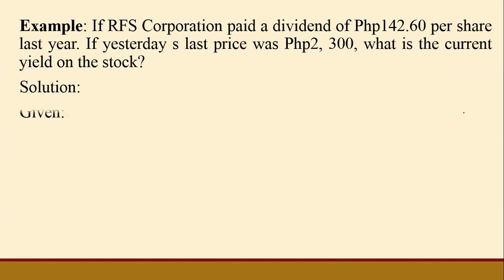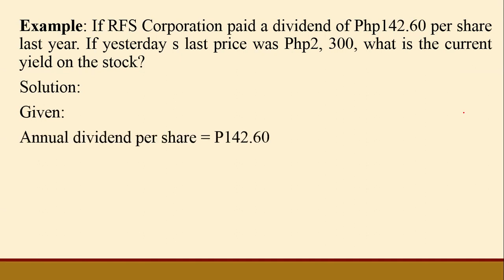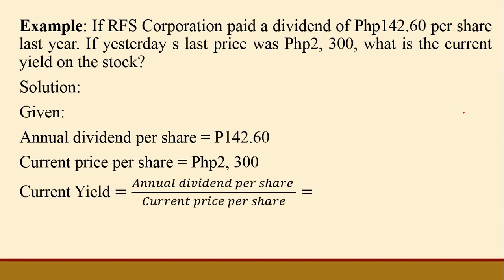For our solution, with the given annual dividend per share of 142 pesos and 60 centavos, and current price per share of 2,300 pesos, we will compute the current yield using this formula. Substitute the values: 142.60 over 2,300.